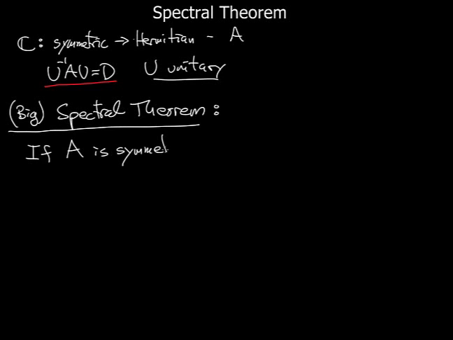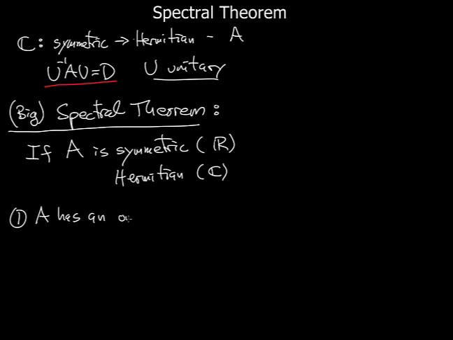Suppose A is a symmetric matrix, if you're working over R, or a Hermitian matrix, if you're working over C. Then A has an orthonormal basis of eigenvectors.